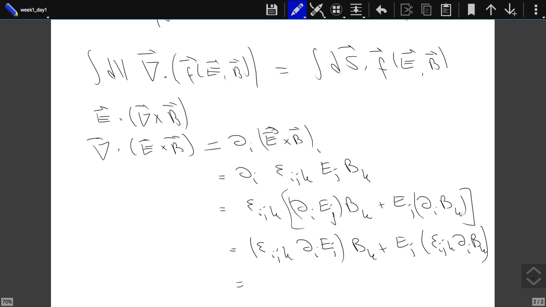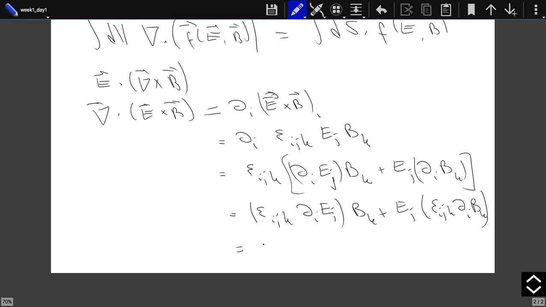So this is equal to the k component of the curl of E multiplied with B_k, plus E_j multiplied with minus the curl of B, the j component.